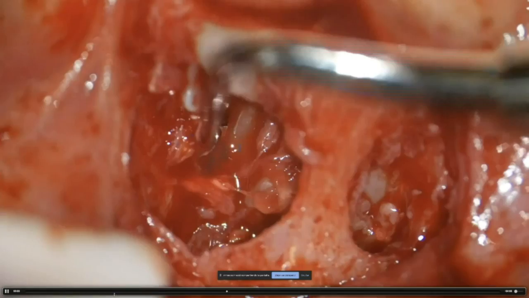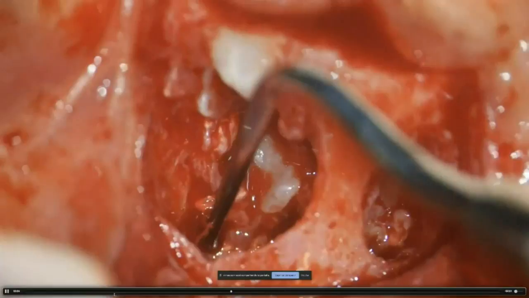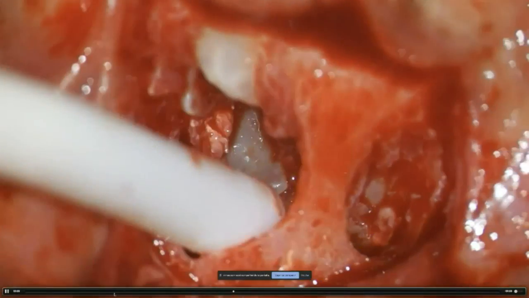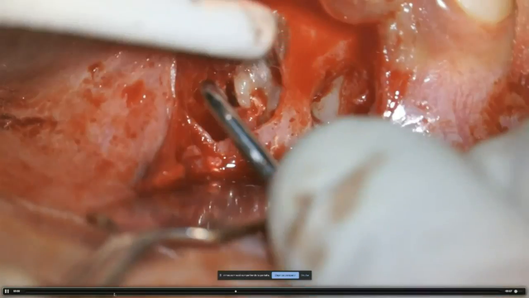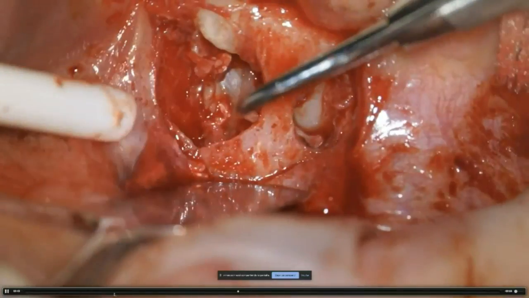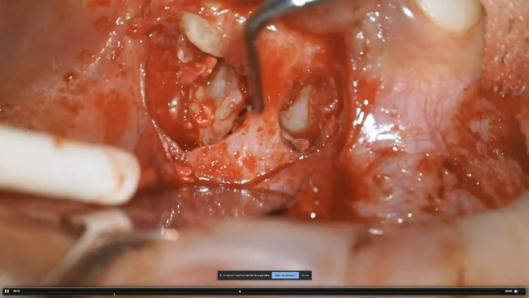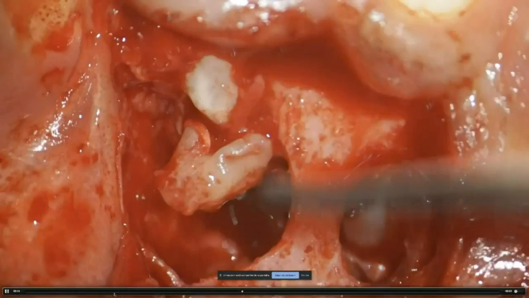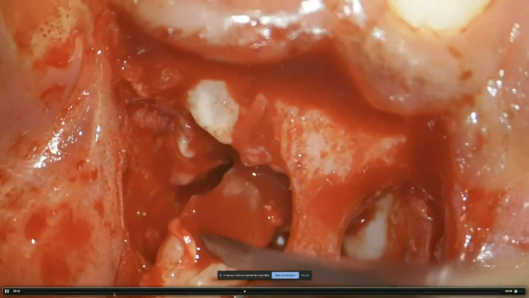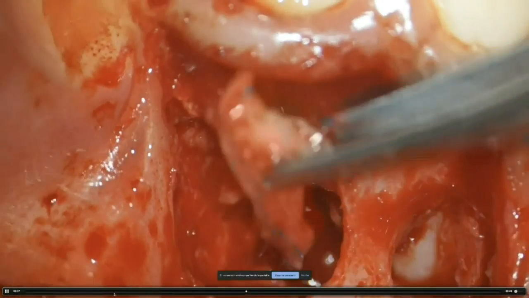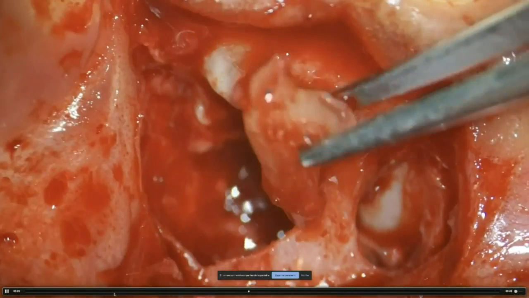So in this case, I try not to open and remove more bone than is needed. But also, as you can see here, I can now see part of the root of 1.1 that was resorbed on the palatal side. So I just eliminate that root to avoid any reinfection, okay?